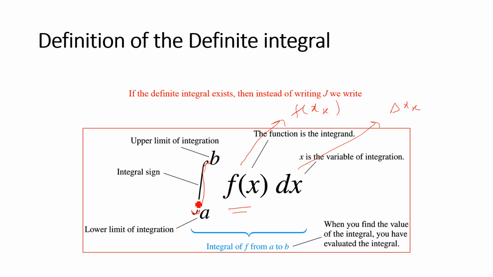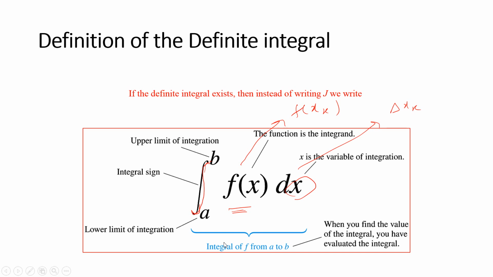So this is the integral sign, this is the upper limit of integration, this is the lower limit of integration, this is the function to be integrated, that is the integrand, and this shows that we have to integrate with respect to the variable x, and we read it as the integral of f from a to b.